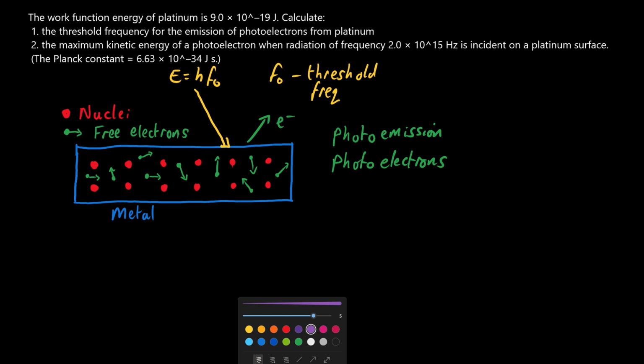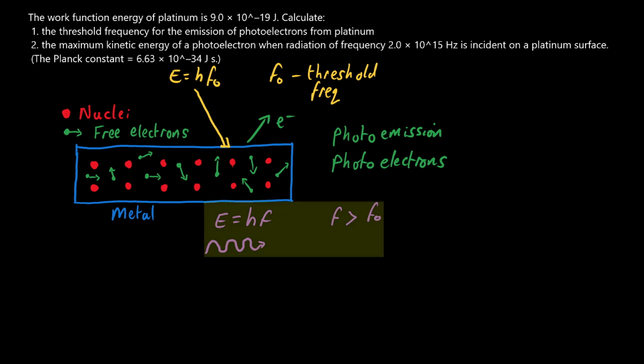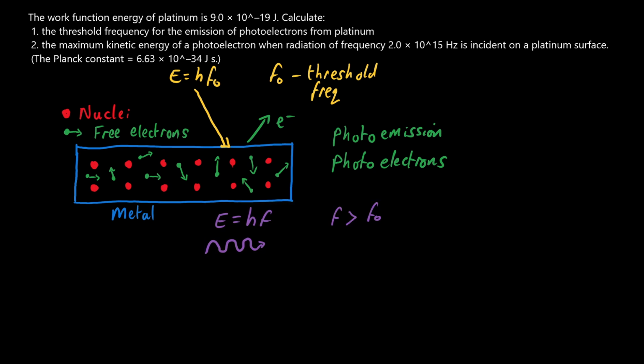If we have a photon that has a frequency that is above this threshold frequency, so for example this photon, because this photon's frequency is higher than the threshold frequency, if it strikes the surface and hits one of these free electrons here, then it will give the emitted electron extra kinetic energy.